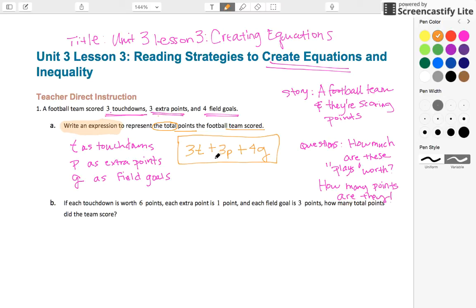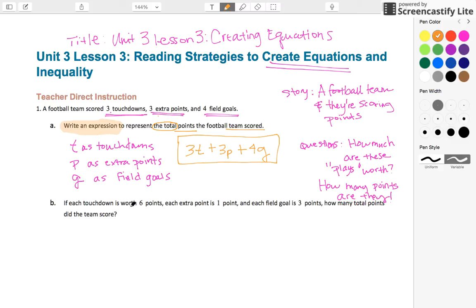So then what we can do is go down here to the next question. It says if each touchdown is worth 6 points, each extra point is 1 point, and each field goal is 3 points, how many total points did the team score?